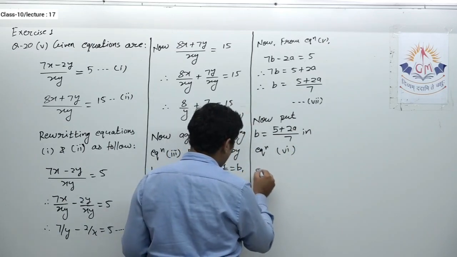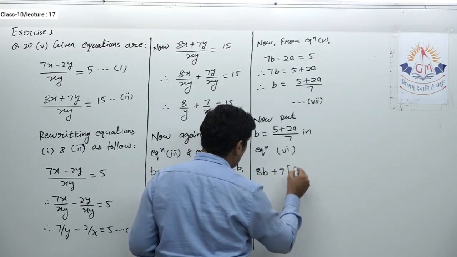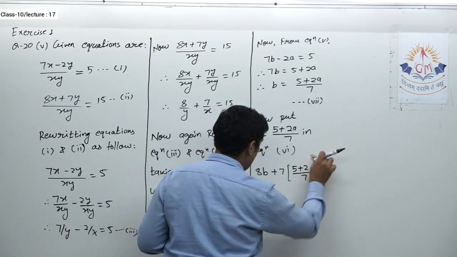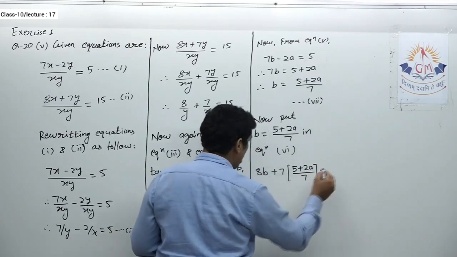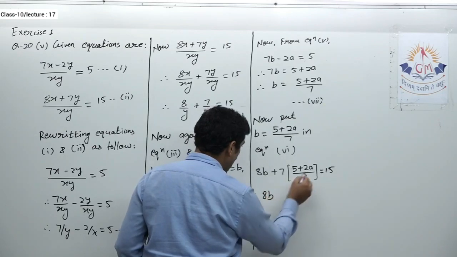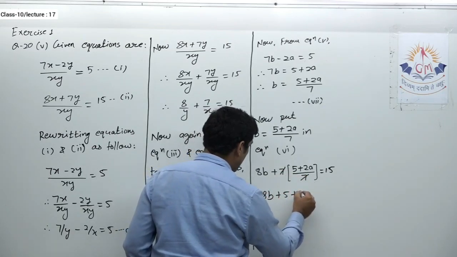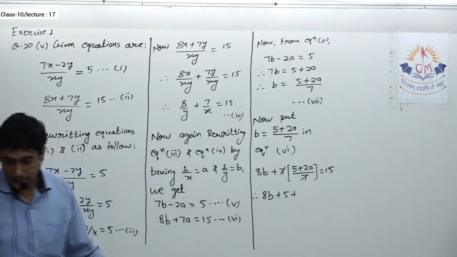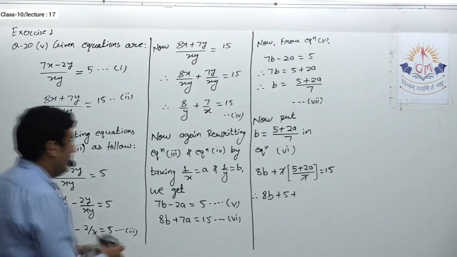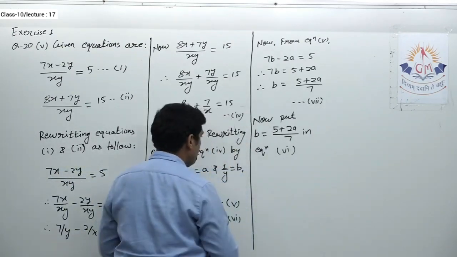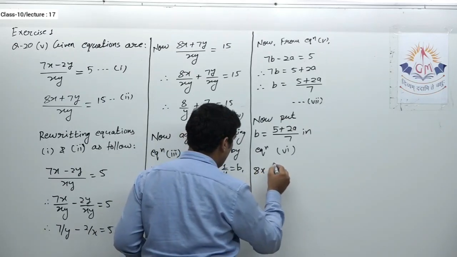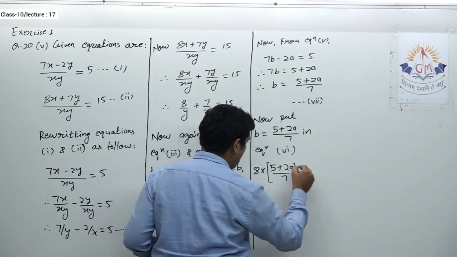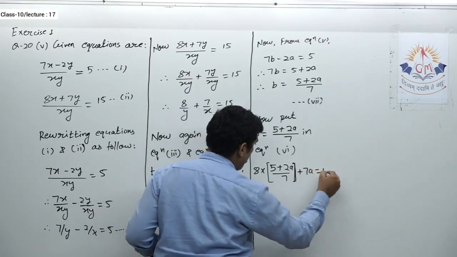So let us see what happens. When we put, in 8b plus 7a equal to 15, at the place of b, that is (5 plus 2a) upon 7, here I do get 8 into (5 plus 2a) upon 7, plus 7a is equal to 15.